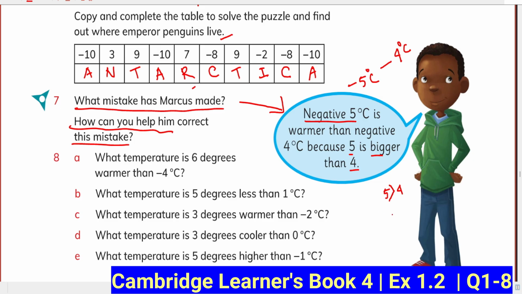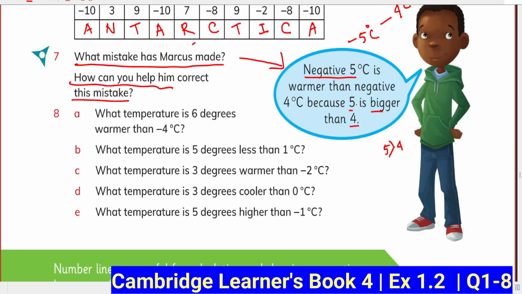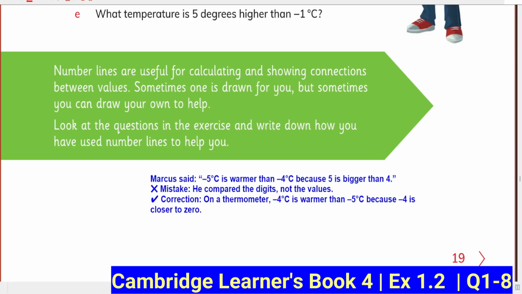But if we compare by value, like on a number line, suppose here is a 0, first minus 4 will come and then minus 5. So minus 4 is greater than minus 5. It's a mistake. Why? He compared the digits, not the values.